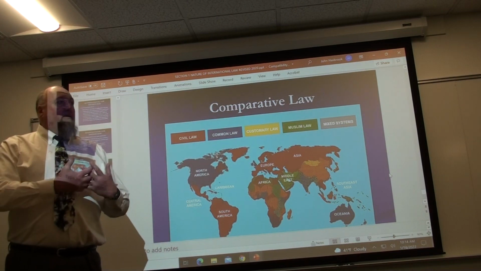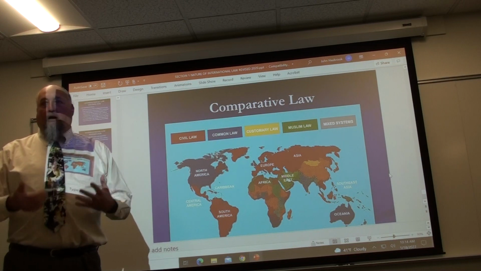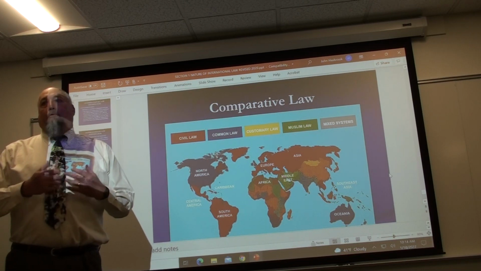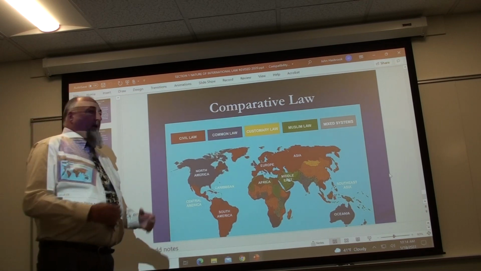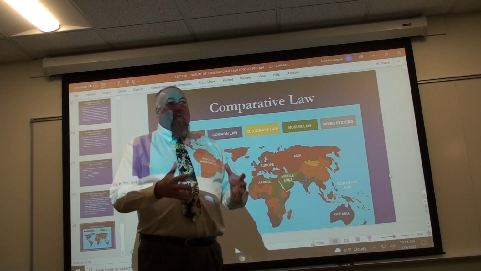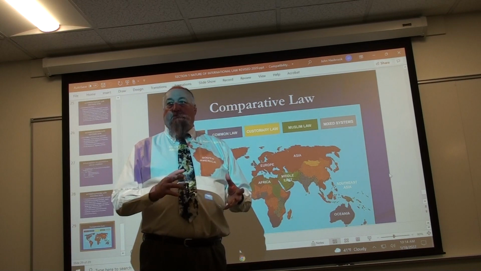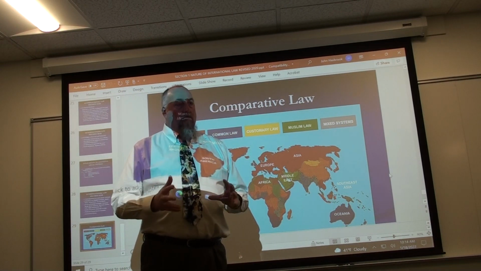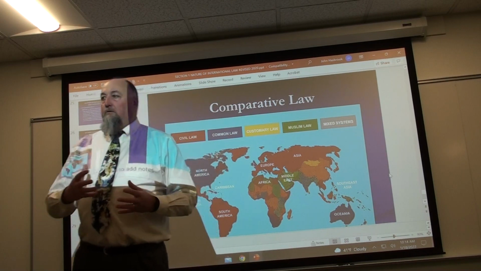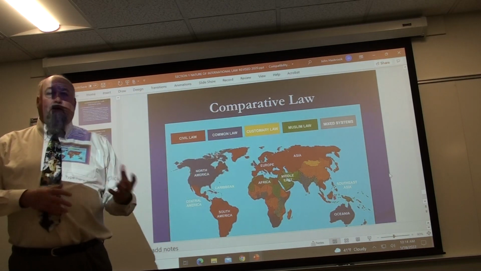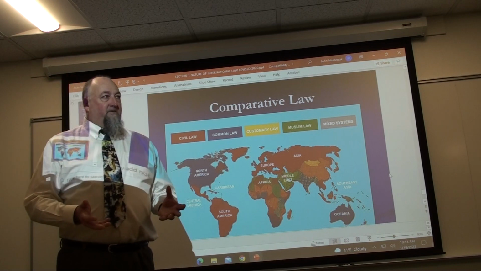So civil law was much more codified, written down into very precise rules, much more specific and also much more rigid, if you will. Common law was more generalized principles that would be applied depending on the circumstance.